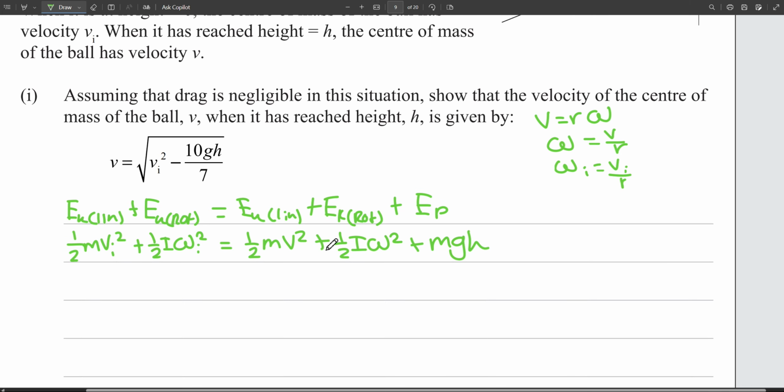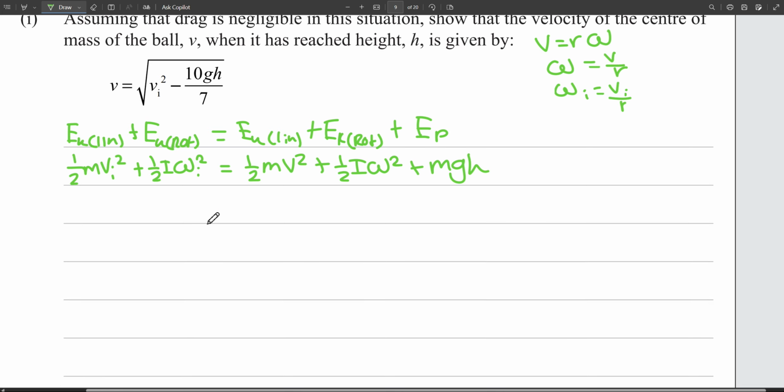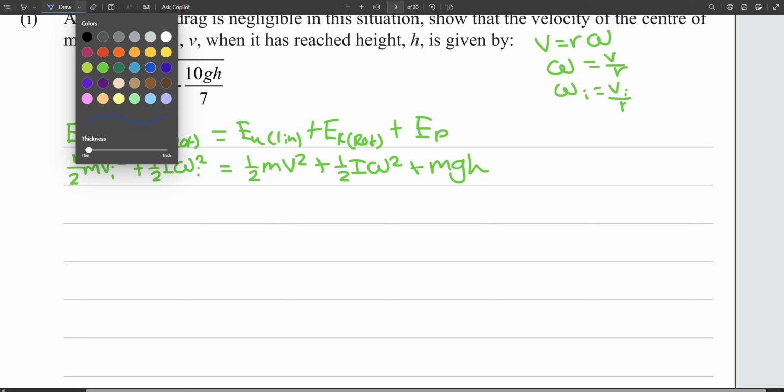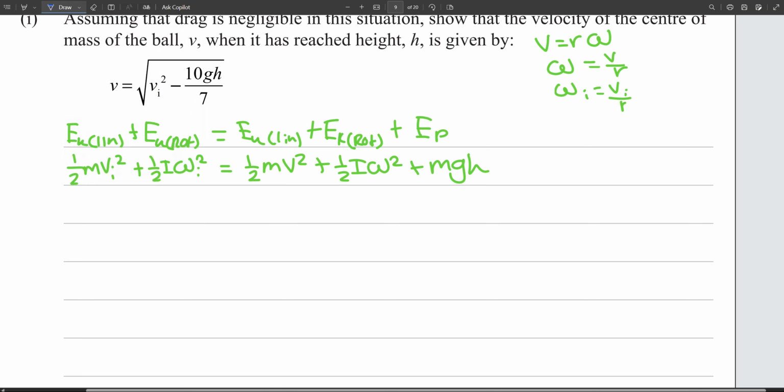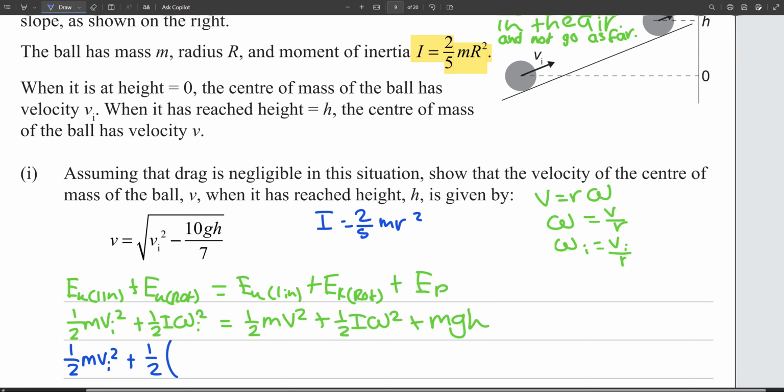This is going to get pretty messy, but let's go right in. Half m vi squared plus a half bracket, and then our inertia I equals 2 over 5 m r squared. I'll just double check.